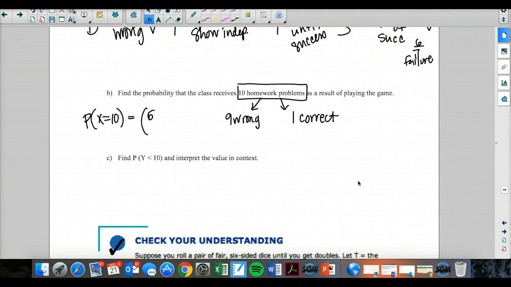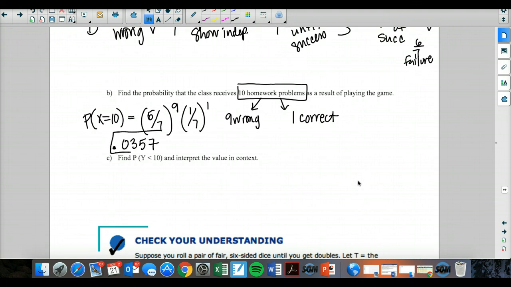So failure, which is 6/7 9 times, times success, which is 1/7 1 time. So without using the geometric PDF button, I could do 6/7 to the 9th power times 1/7.